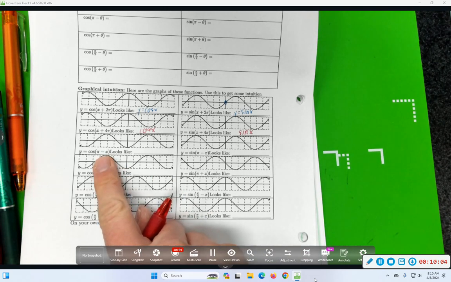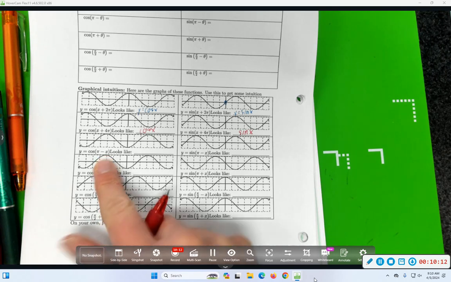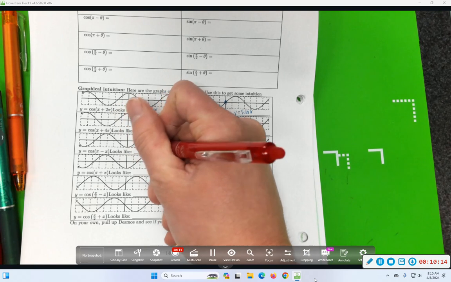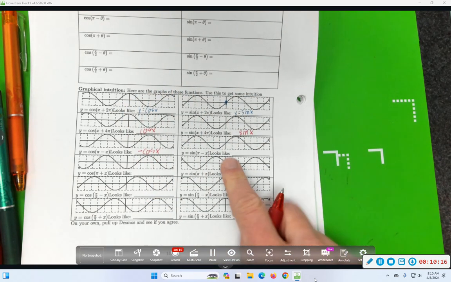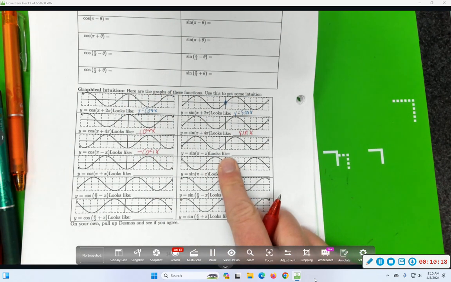Pi minus x inside of a cosine. Negative cosine of x. I hear a negative cosine x. There is sine of pi minus x. Sine of x. Looks like just sine of x again.